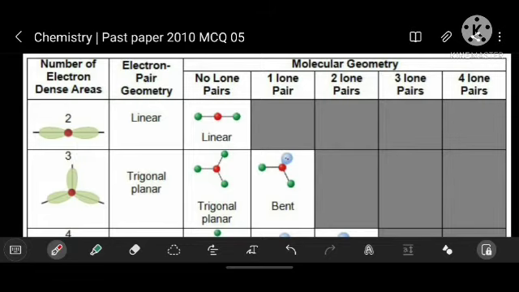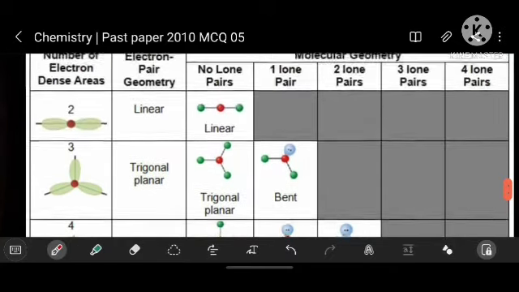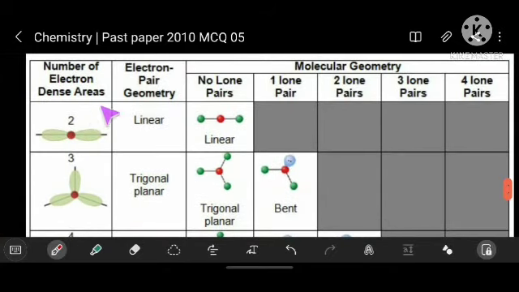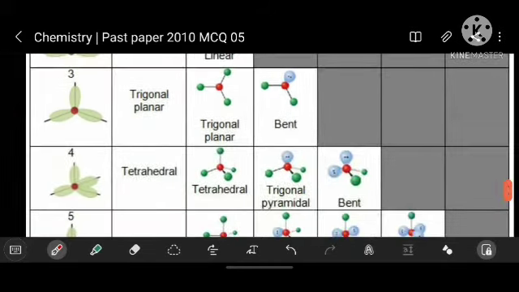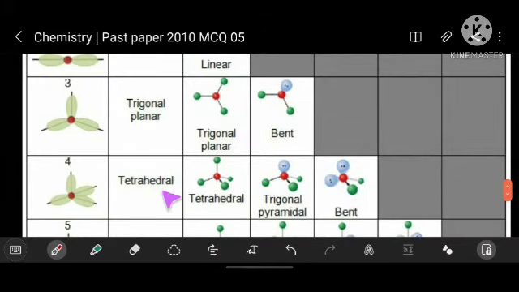So for 4, the number of electron dense areas, in other words the number of repulsive units, is 4. So the electron pair geometry is tetrahedral.